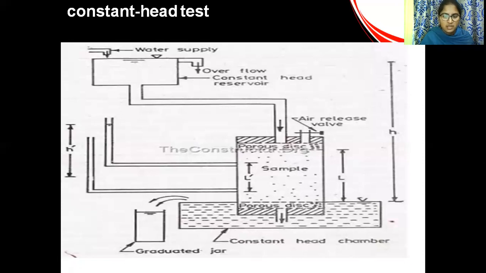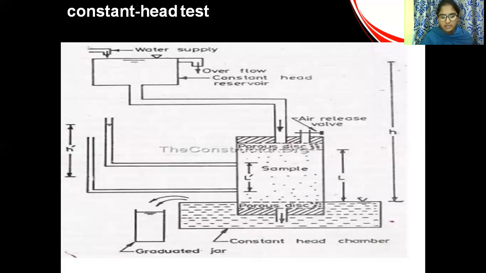So we can close the valve. At the start of the experiment, the bottom tank is filled up to the level of the overflow and is kept constant at this level.